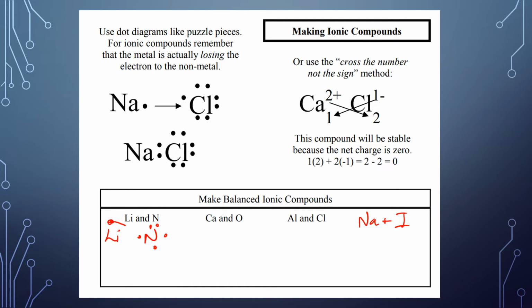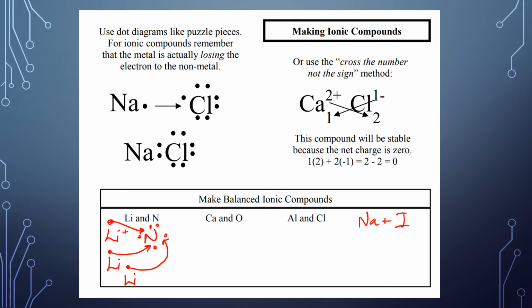So I'm going to steal this 1, but notice that I still have 2 open spots for my full octet. So lithium has a 1 plus charge, but what do I got to do? If these are the only 2 elements in this compound, I got to recruit more lithium to fill in those empty spots on that nitrogen. So I'm going to steal this one here. I'm going to steal this one.